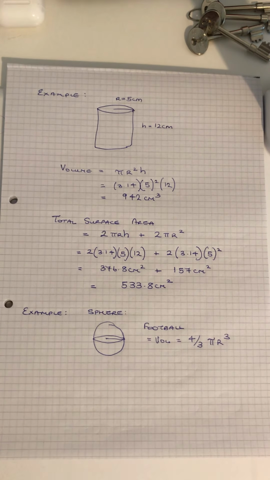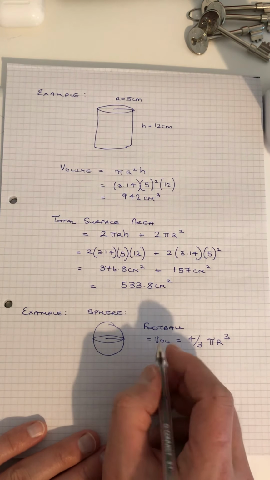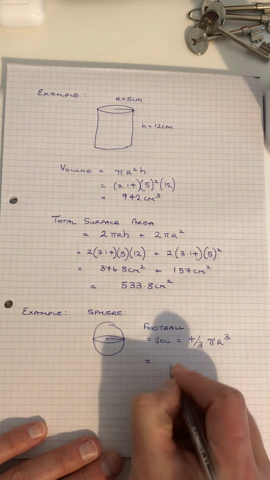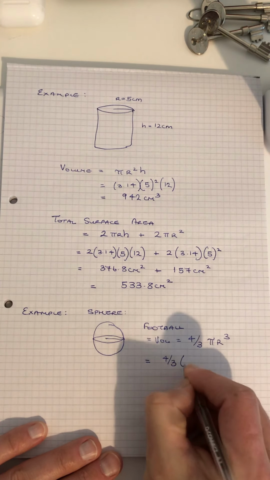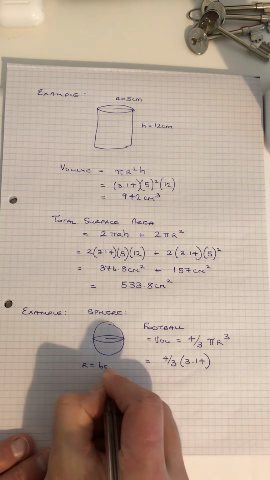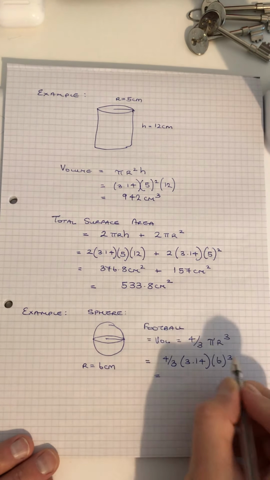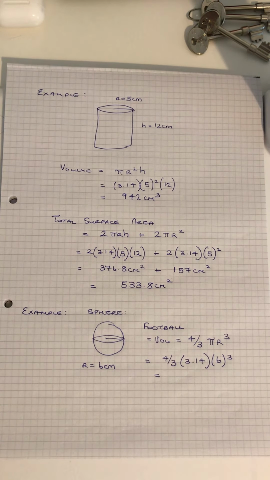Now, supposing we say the volume is 4 over 3, pi is 3.14, and we'd say that the radius is 6 centimeters. 6 cubed. So be careful, it's not squared, it's cubed.